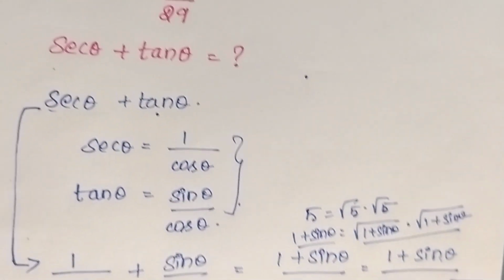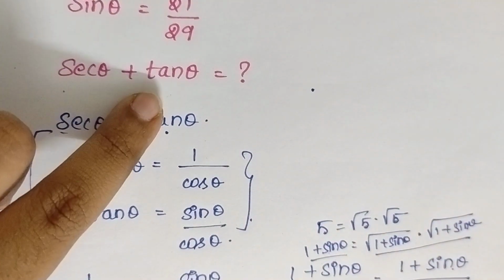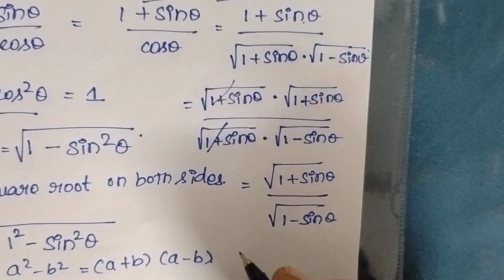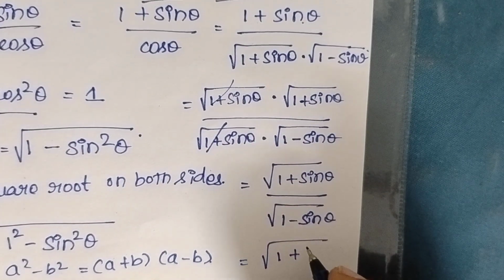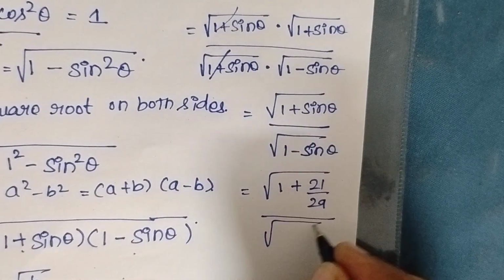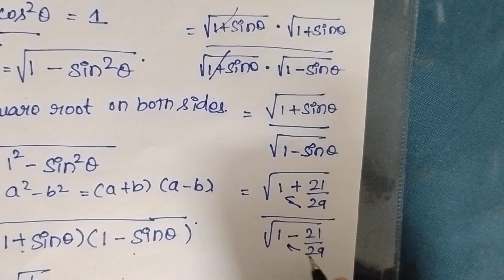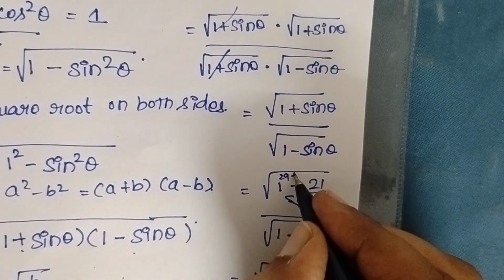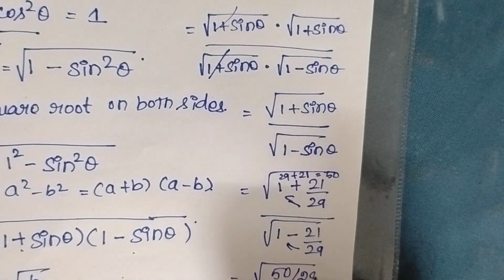They have given in the question that sin theta is equal to 21 by 29. Just apply this value in the place of sin theta. Therefore, root of 1 plus 21 divided by 29, divided by root of 1 minus 21 divided by 29. Taking the LCM on both sides, we get root of 29 plus 21, which is 50, so 50 divided by 29.